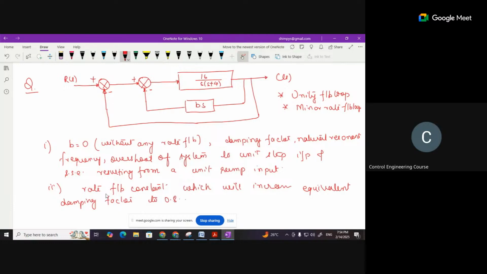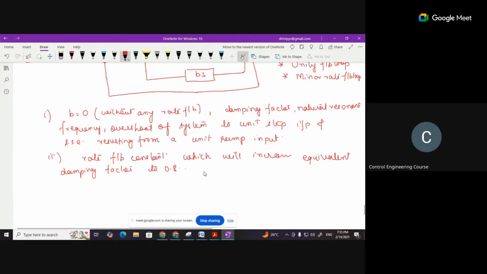Also, for this case, you have to find out the overshoot of the system to a unity step input. That we'll see, that I'll tell you. Let us first complete part 1 and what is given for part 2, and then we'll proceed further.